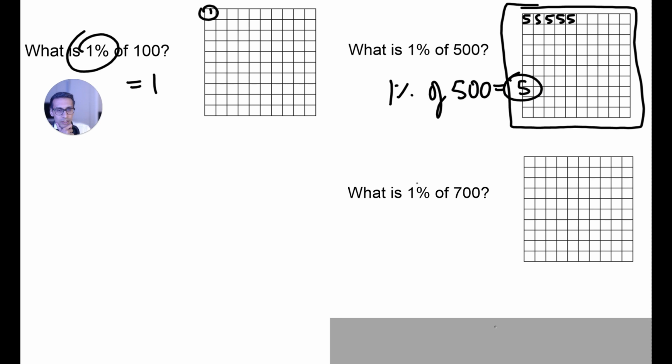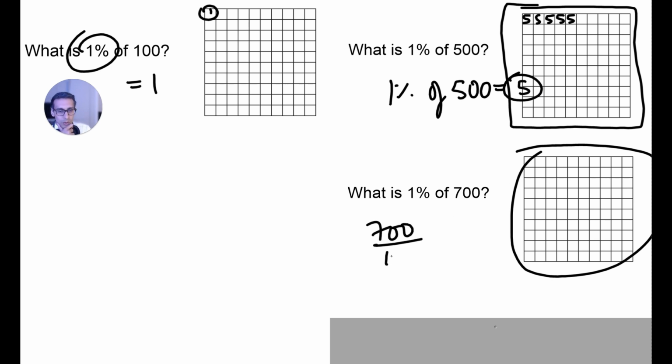And likewise, we can work out 1% of 700. If this represents the whole, then if we divide 700 into 100 equal parts, we know that one part is worth 7, so each of these boxes is going to be worth 7, and so on, and 1% is going to be one of those boxes, so 1% of 700 is 7.